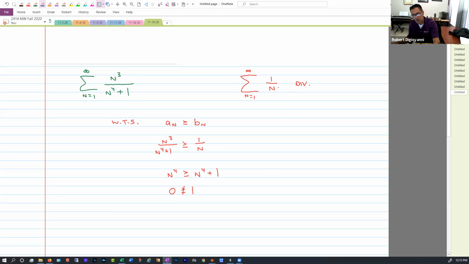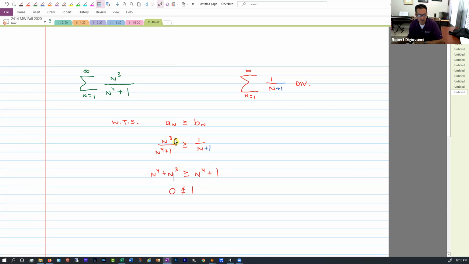So Ross is saying, why don't we do n plus 1 here instead? Now, I think what Ross is seeing is that if we do that, it's still harmonic, right? Constant over linear, it's still divergent. But then we have an n plus 1 down here, right? And then when we cross multiply, on this side we don't get n to the 4th, we get n to the 4th plus n cubed, right?